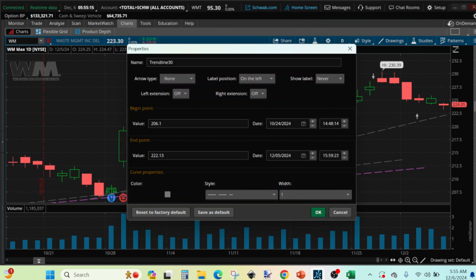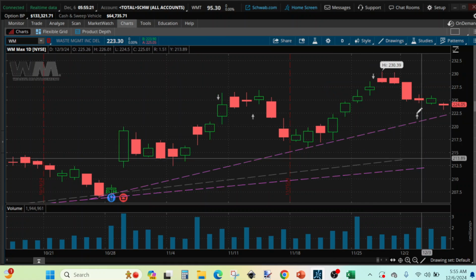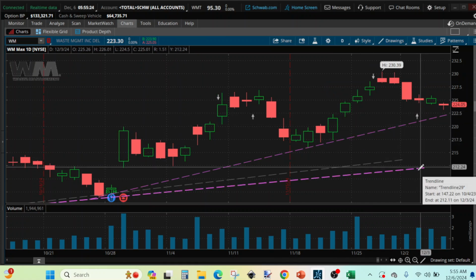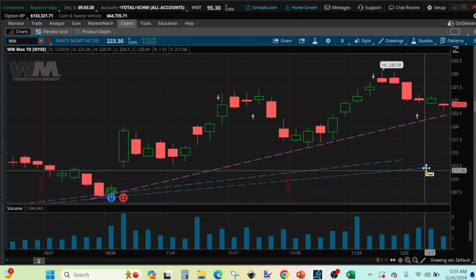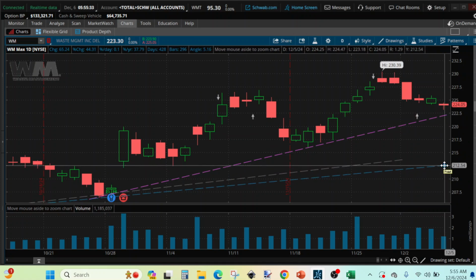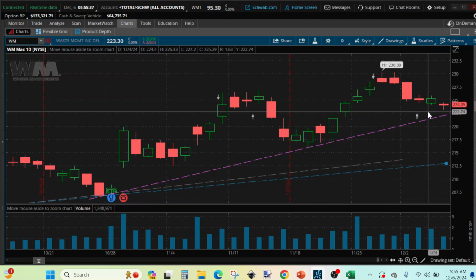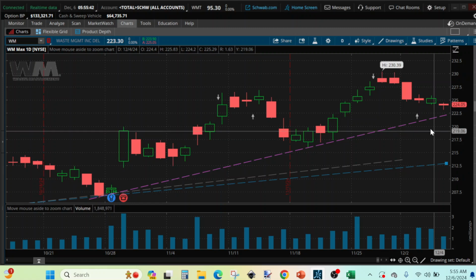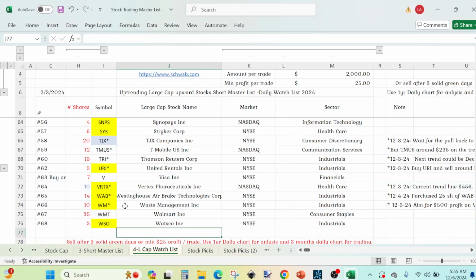Let's make this line purplish as well, since we bought it on that line, and track both and see how we go with it. It pulled back to it and started going up from there, but we will see. So we bought it already, and that is WM.